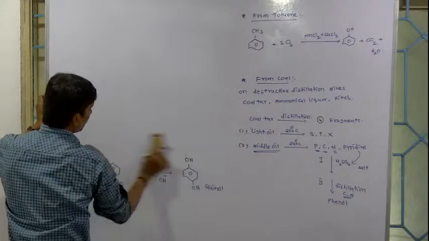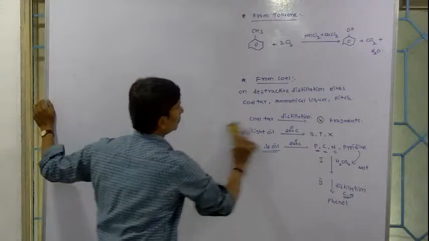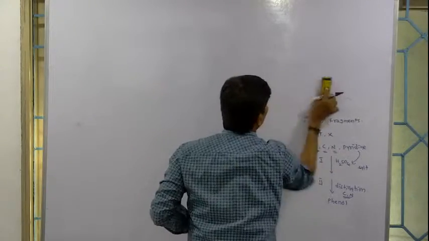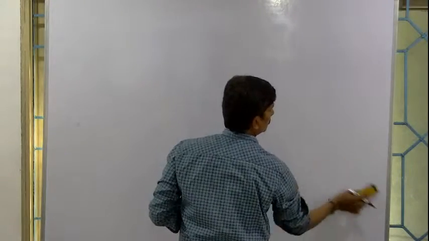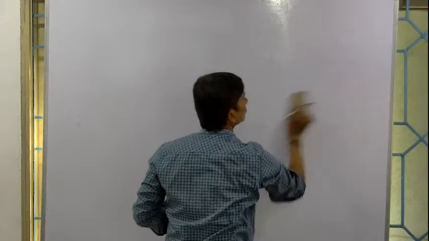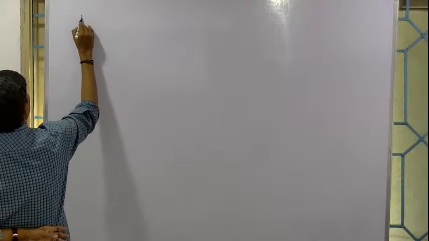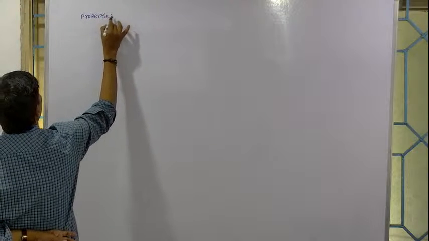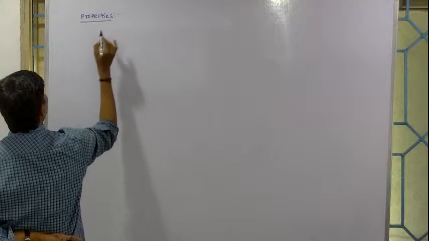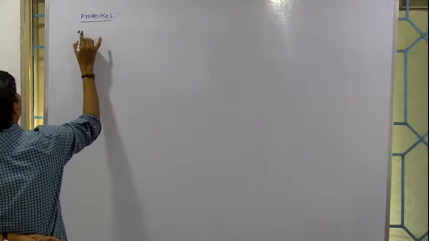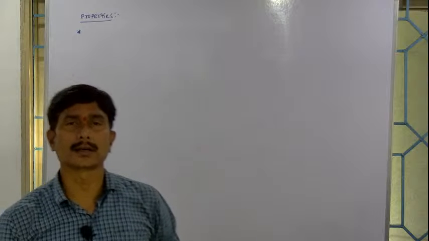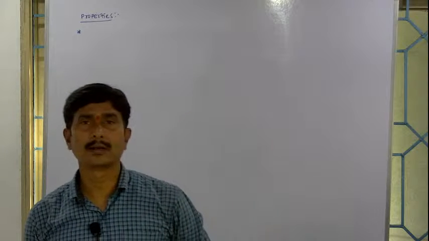Next, properties. Generally, the pure form of phenol is a colorless crystalline solid or liquid.